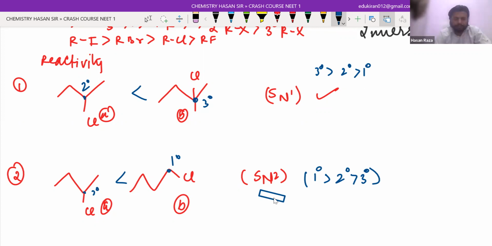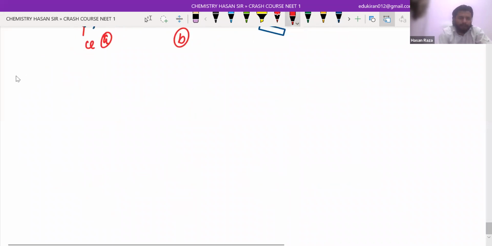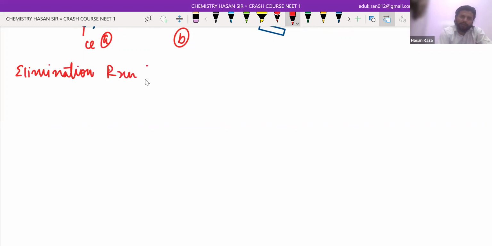Yes, sir. Can you change the slide? Now see the elimination reaction. This elimination reaction is also known as beta elimination reaction, also known as dehydrohalogenation.